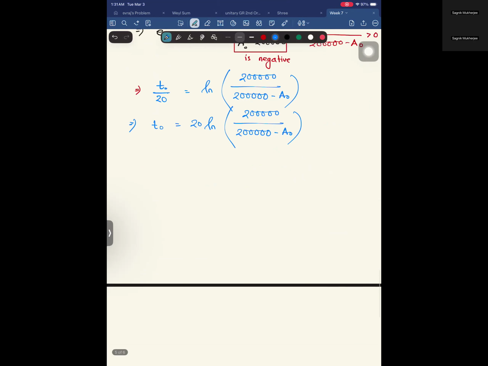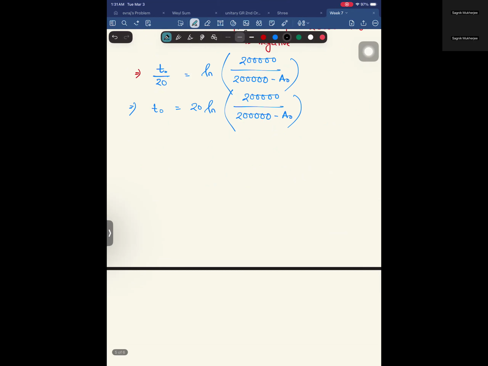So that means if A0 is less than 200,000, there exists a real number such that A of t0 is 0.